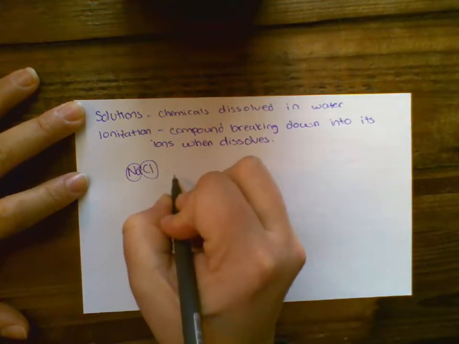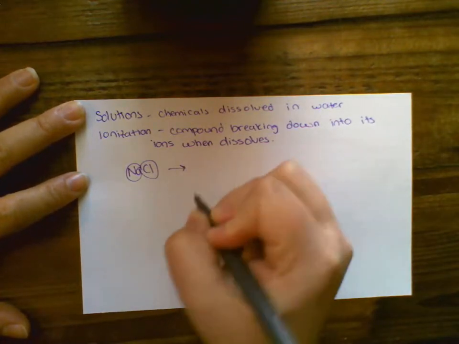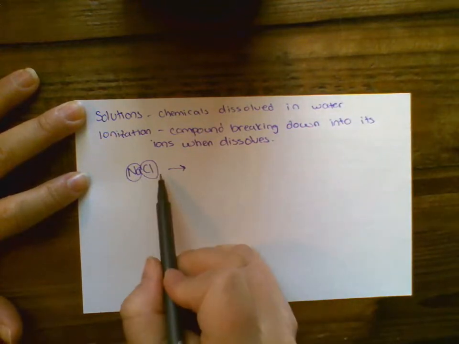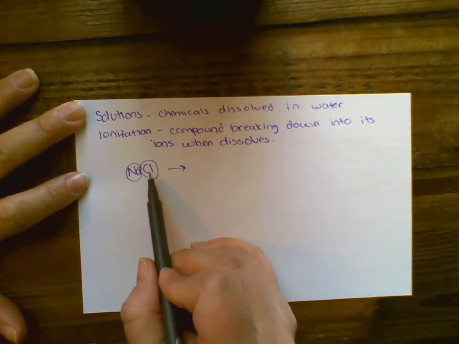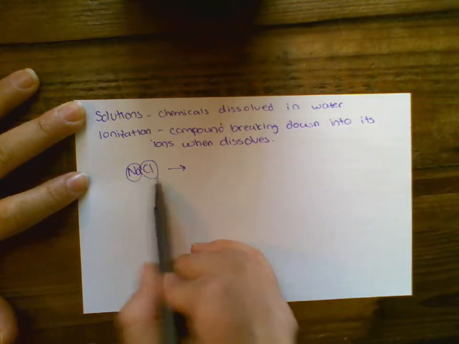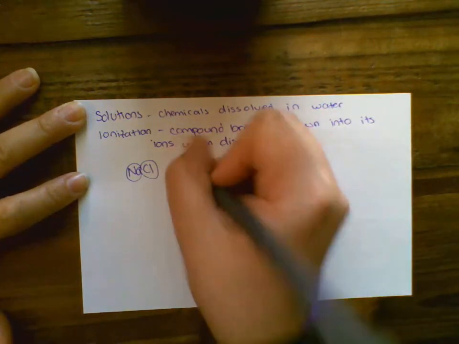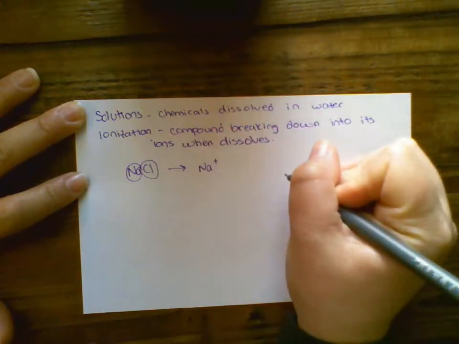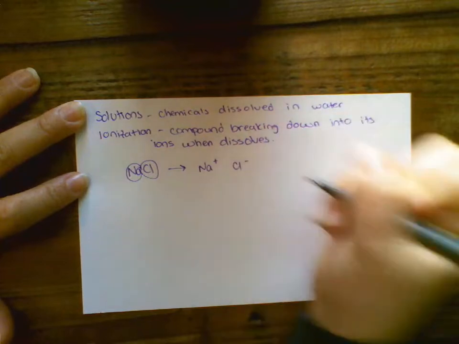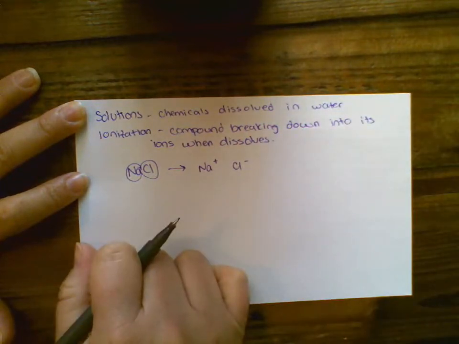However, if you remember, when we dissolve this into water, those water molecules come and they attract to either the positive side, the Na, or the negative side, the Cl, and they pull those apart. So when NaCl dissolves in water, we end up with Na plus and Cl minus.